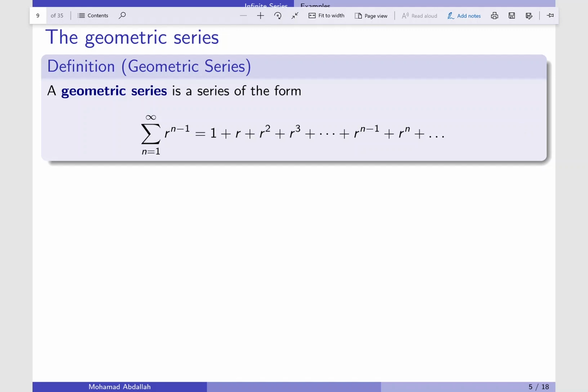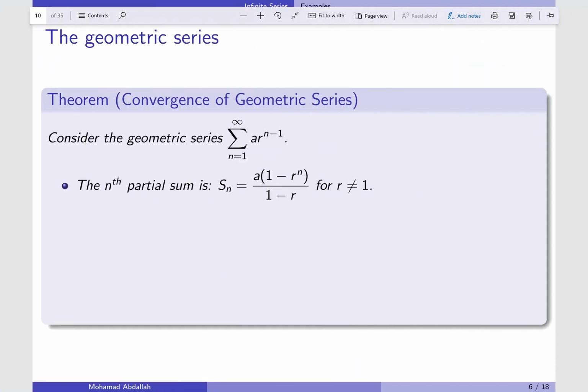If you expand this, the nth partial sum Sn, remember Sn means a1 plus a2 plus an, is a plus a times r plus a times r squared up to a times r to the power n minus 1.